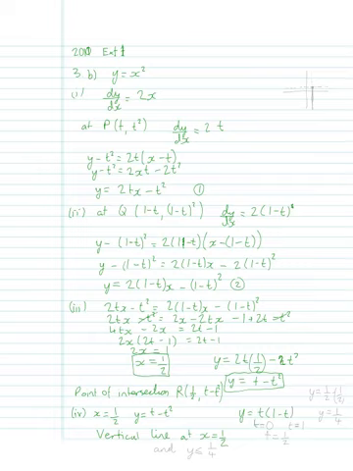Now, they ask for restrictions on the y coordinate, and the reason for that is because the y coordinate can't actually be anything. It does have restrictions, because the function y equals t minus t squared has a maximum value. The reason it has a maximum value is because it's negative t squared, which means it's concave down.